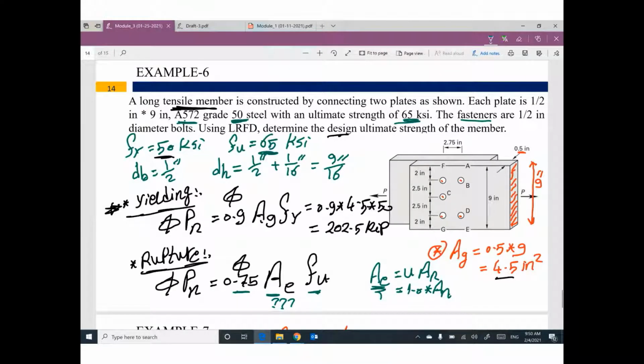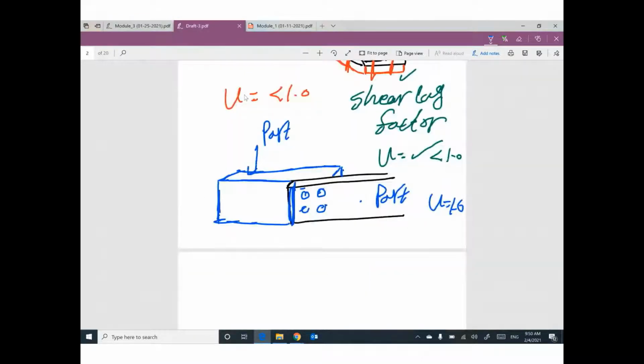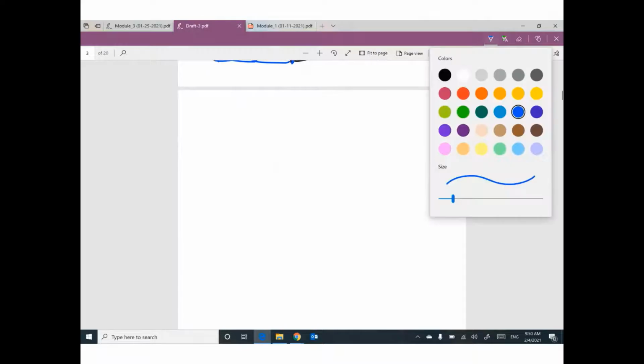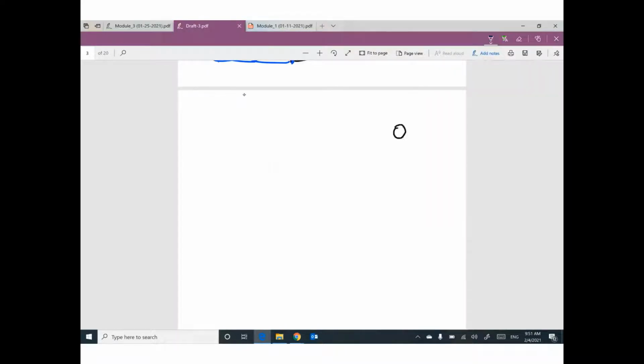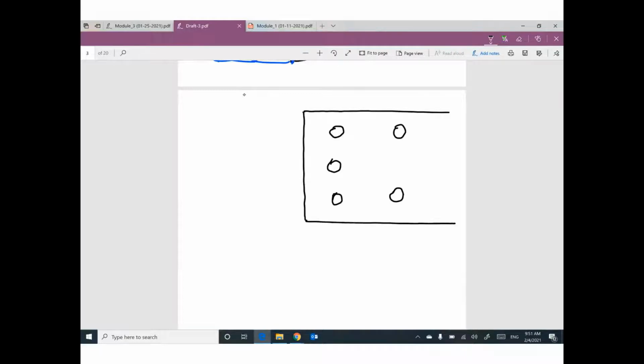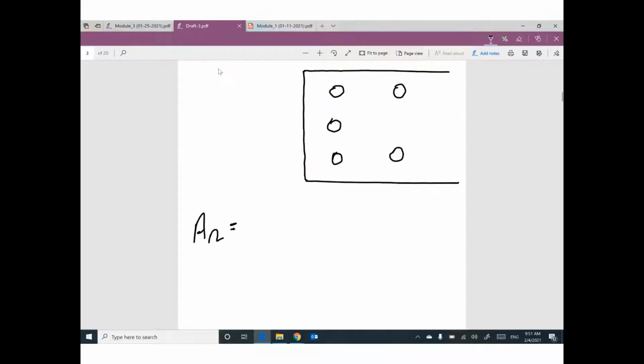How can I figure out the area net? Any recommendation? The connection looks like this. So area net, I believe, we have two equations for area net, if you remember.